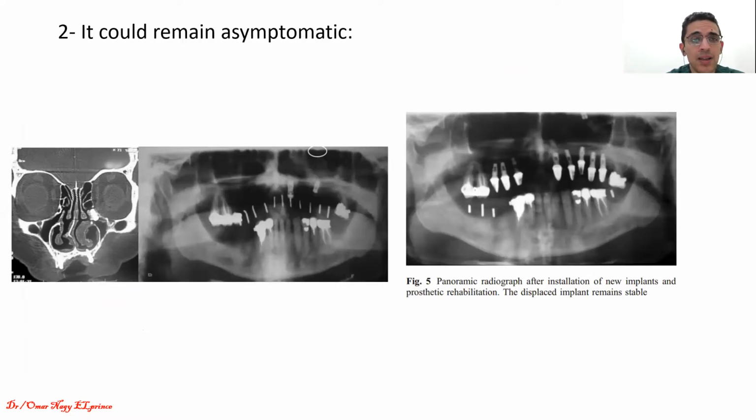The second thing is that the implant might remain asymptomatic. The implant may remain and not cause problems. Yes, it has been reported, especially in cases where the implant is very high, near the infraorbital place or near the orbit, or the patients have gone through different attempts to retrieve the implant through the maxillary sinus. In these cases, there are several reports that we can leave the implant if it is asymptomatic. Of course you have to inform the patient.